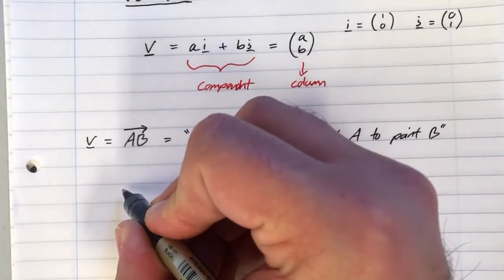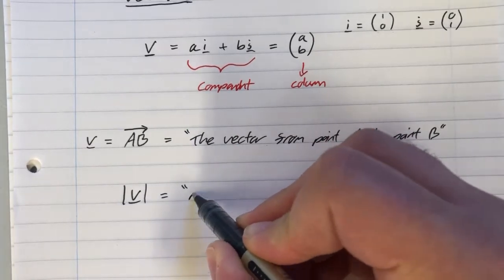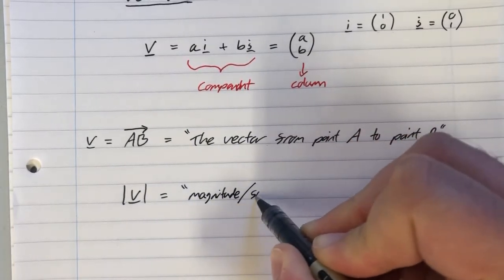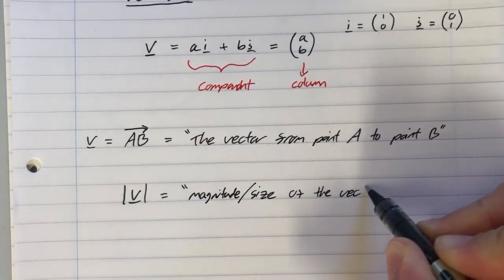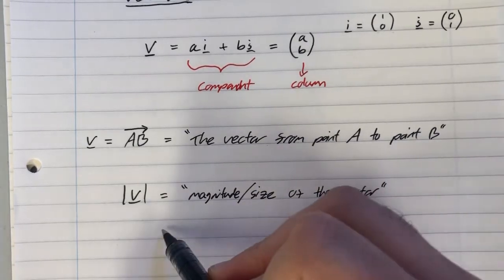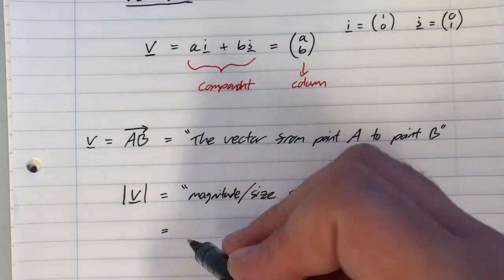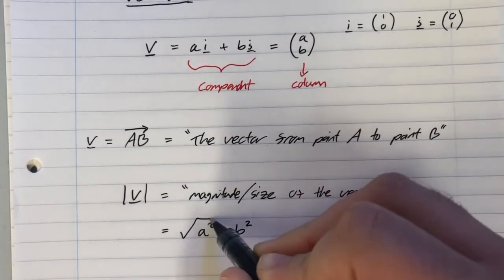The magnitude of the vector. This is the size or the magnitude of the vector. And in this case, because I'm defining v as being ai plus bj, then it is equal to the square root of a squared plus b squared. That's just Pythagoras.